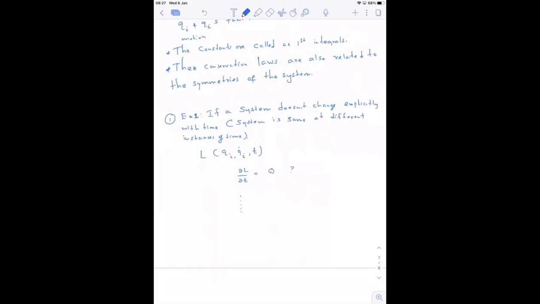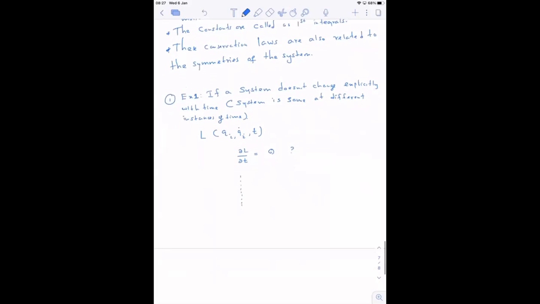And after that, go through the proof, and at the end, show me that you will get, so I don't want the same answer, because I'm just going to write something here: q_i dot times partial L over partial q_i dot minus L equal to 0.